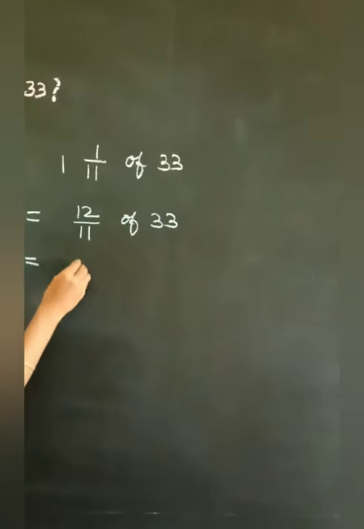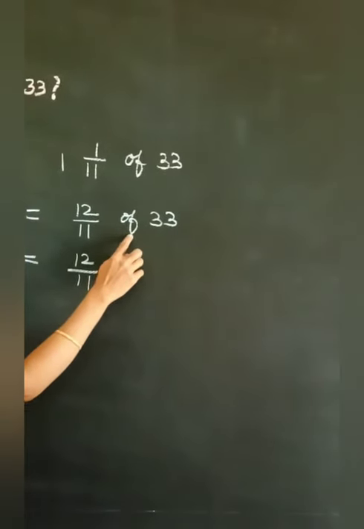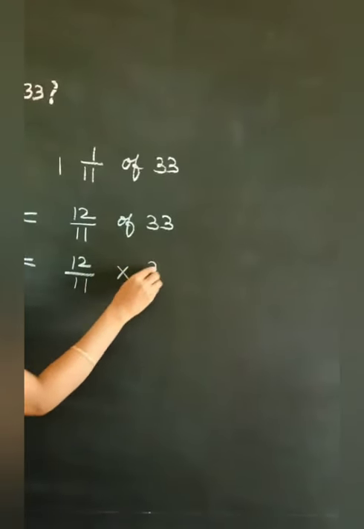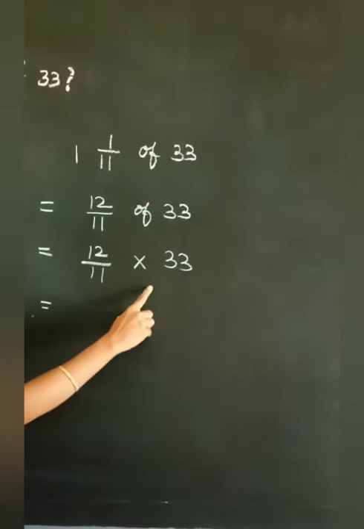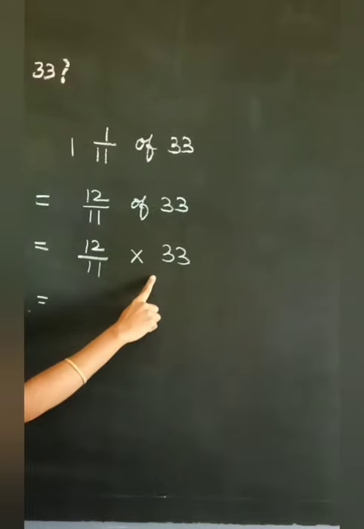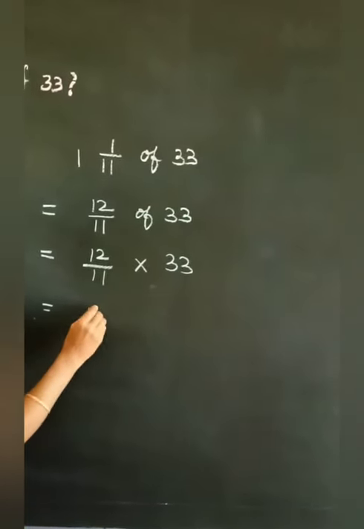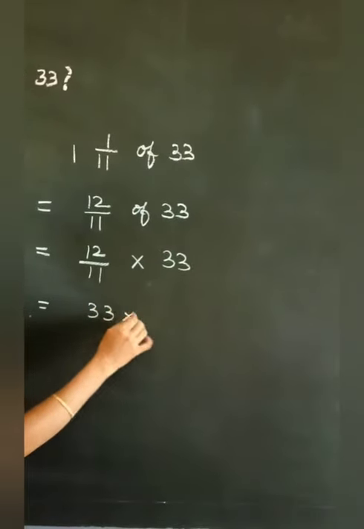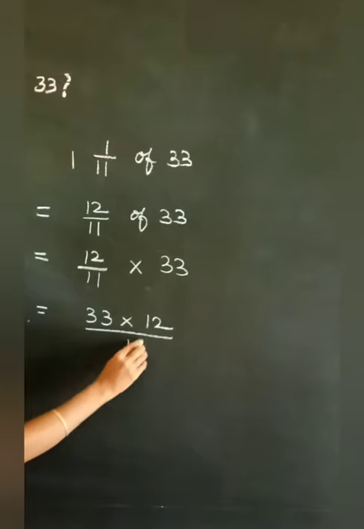Is equal to 12 divided by 11. This of represents multiplication into whole number 33. This is which type it comes? It is the first type, that is whole number into fraction. What is the formula? That is whole number into numerator of the fraction is 12 divided by denominator is 11.